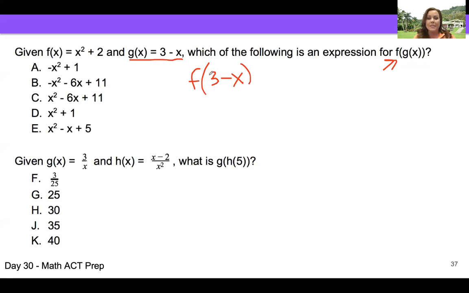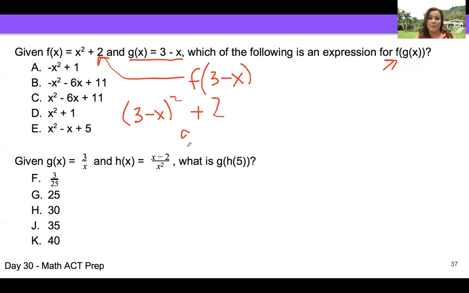And so that's basically telling me in this function, everywhere you see an x, you replace it with a 3 minus x. So here we're going to have 3 minus x squared plus 2. We need to FOIL this, because obviously with the answers I need to FOIL.